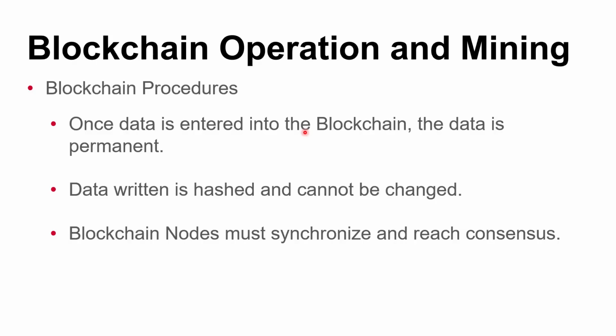Once data is entered into the blockchain, it is permanent. That is one of the key reasons why blockchains are useful: the entire blockchain is permanent and cannot be changed. Written data is hashed and cannot be changed.